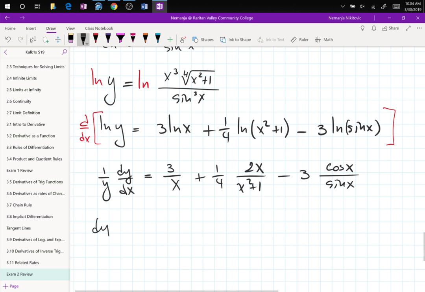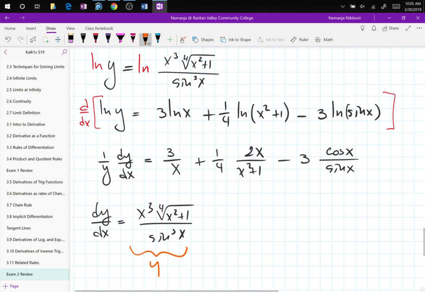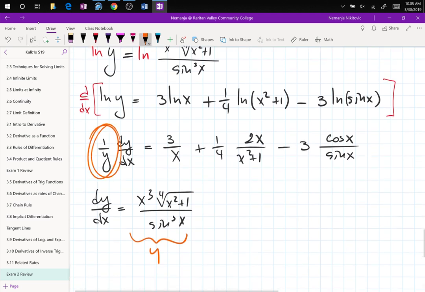Then you leave dy dx alone and move y to the other side, and y is x cubed, fourth root of x squared plus 1 over sine cubed x. I'm just going to use orange over here, say that's your y that was moved from the left, right? So I'm just going to put a little star there. You can find it, y star.